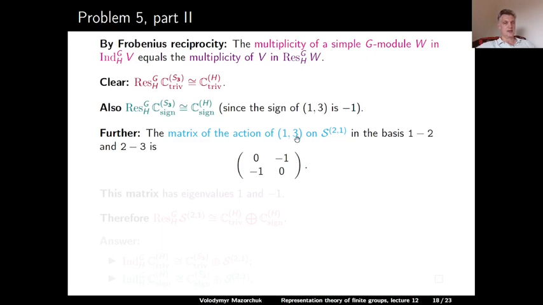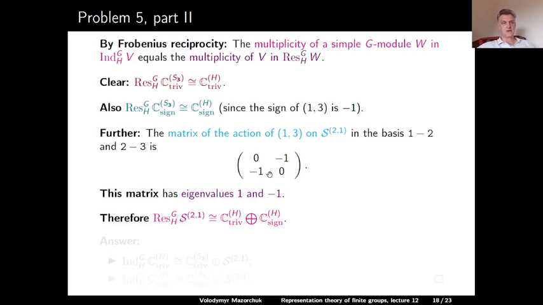So if you swap 1 and 3, then 1 minus 2 goes to 3 minus 2, which is minus the second basis vector, and 2 minus 3 goes to 2 minus 1, which is minus the first basis vector. And this matrix has different eigenvalues because it's not a scalar matrix. So it must have eigenvalues 1 and -1, which means that the restriction from G to H of curly S (2,1) is isomorphic to the direct sum of the trivial H module and the sign H module.